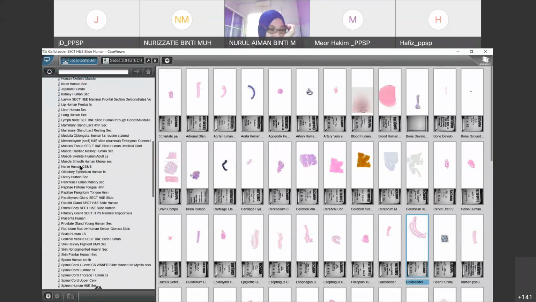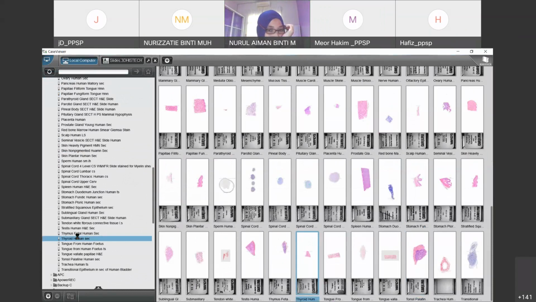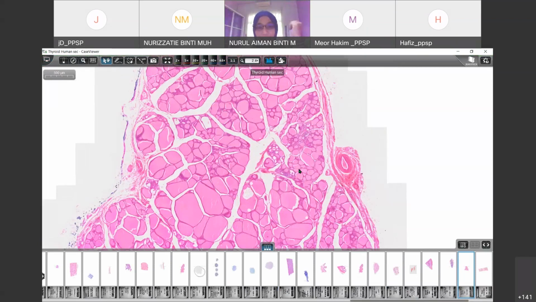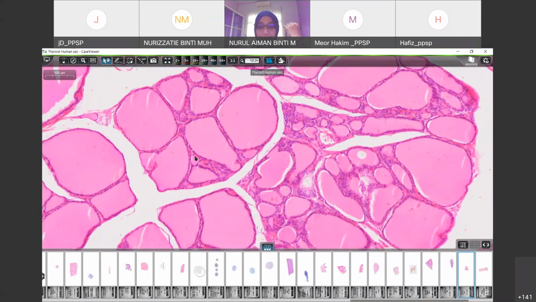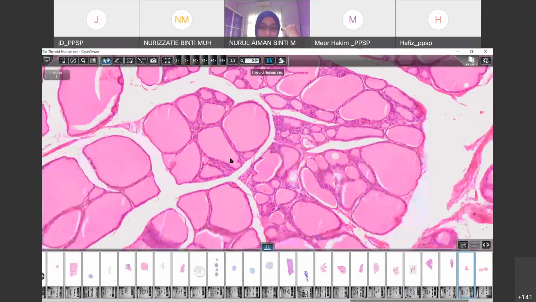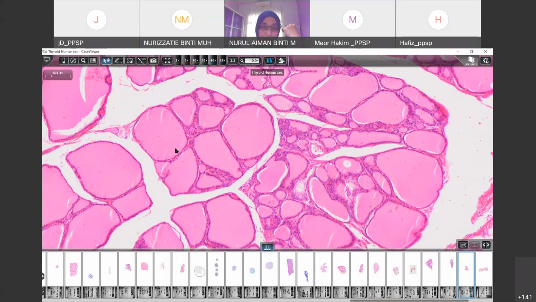Just in case you want to look at it, this is the thyroid gland. It's different. They don't have any ductal portion because the secretion is absorbed through the blood vessels. These glands are totally different because they are a clump of cells with a lot of thyroid follicles.